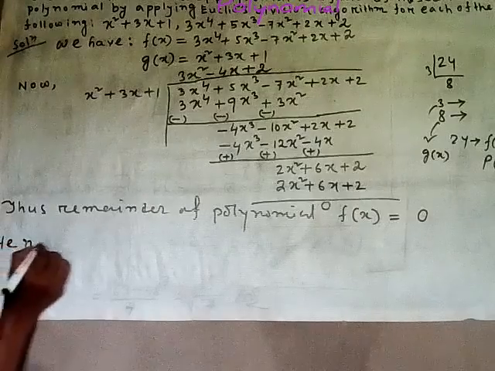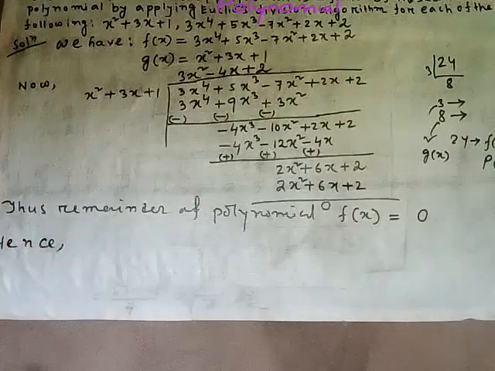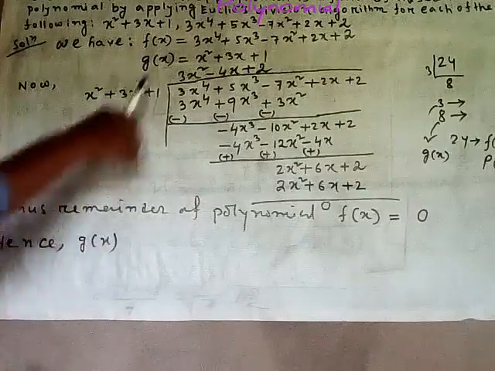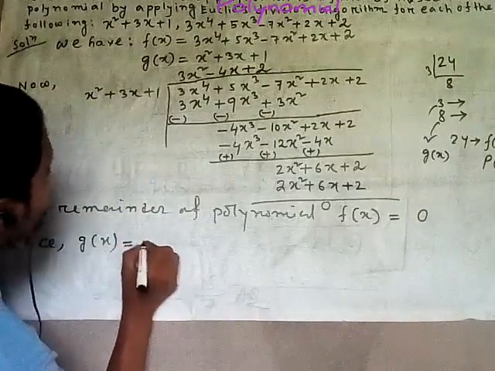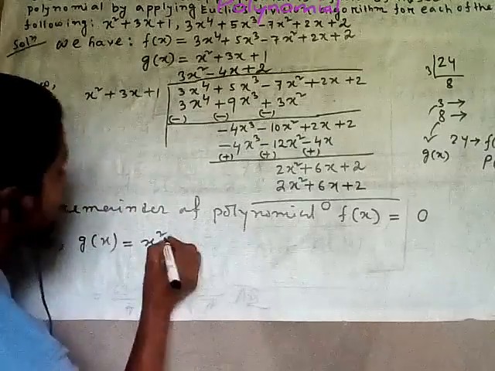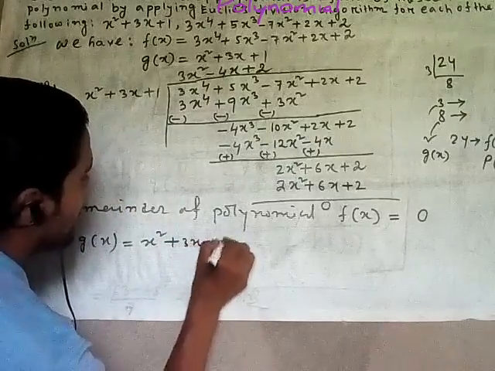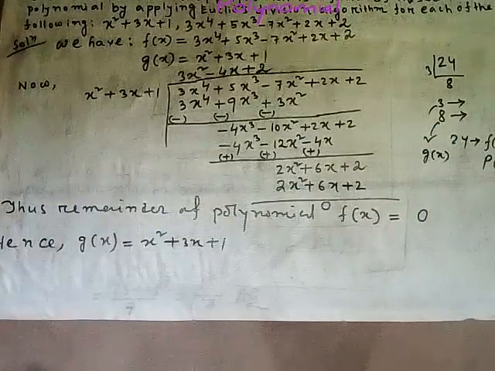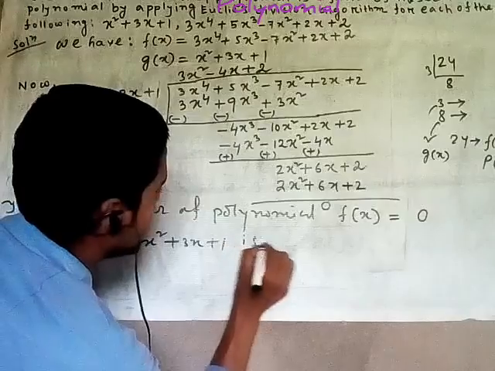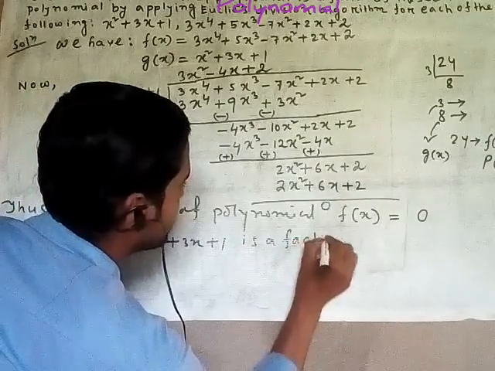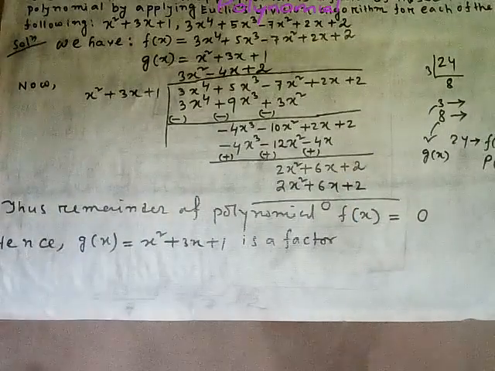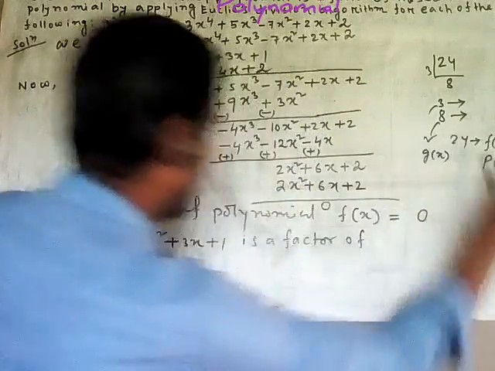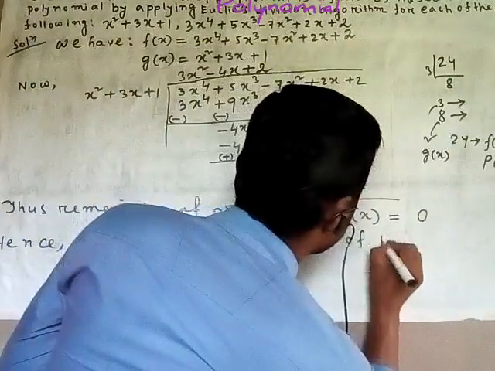Hence g(x) means x square plus 3x plus 1. x square plus 3x plus 1 is a factor of what? p(x).